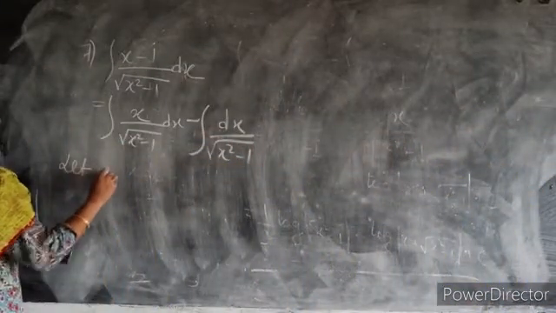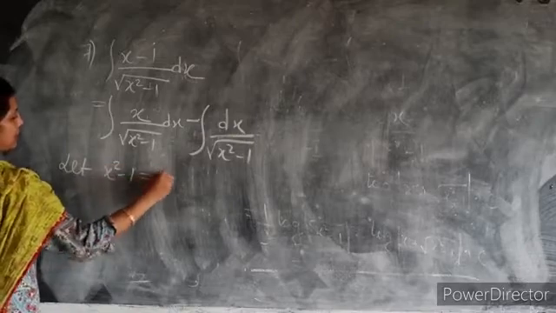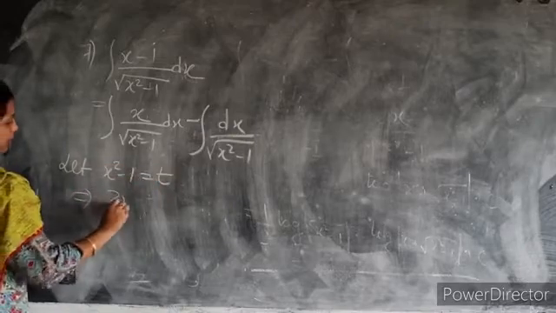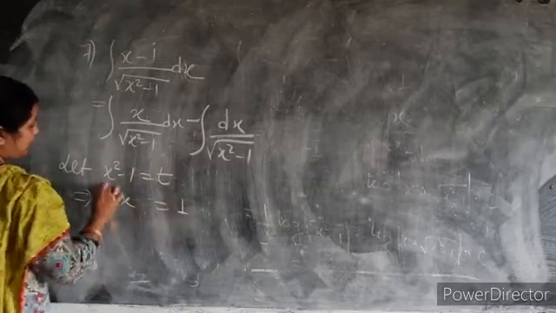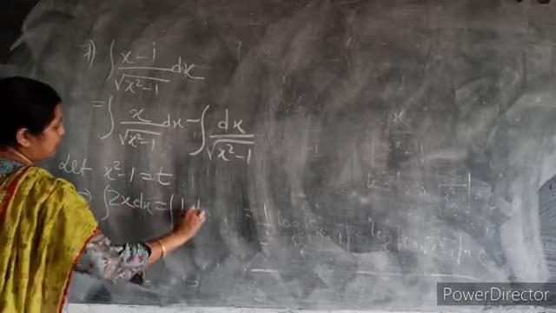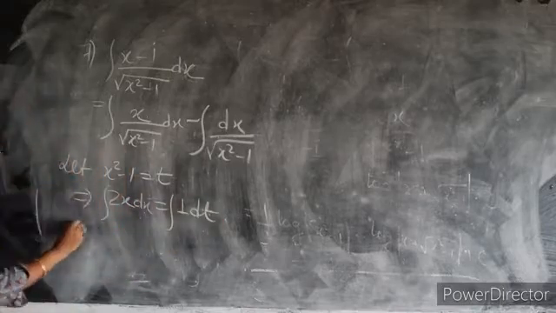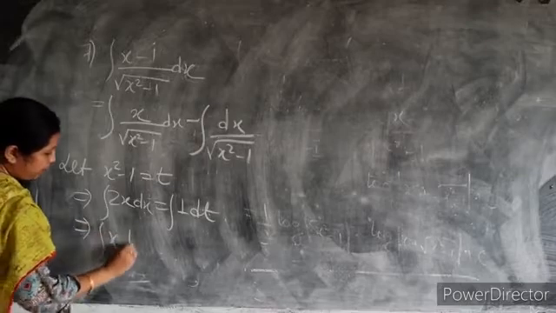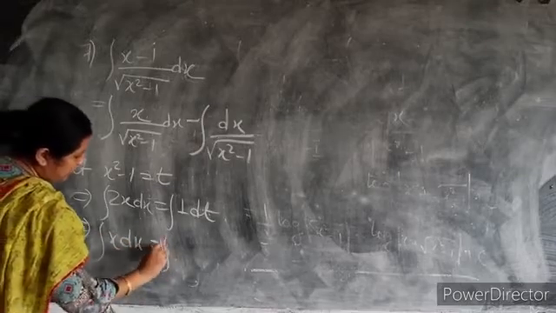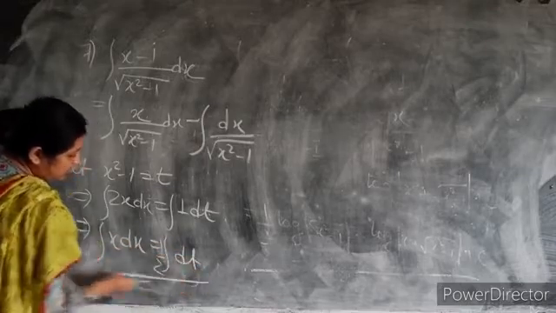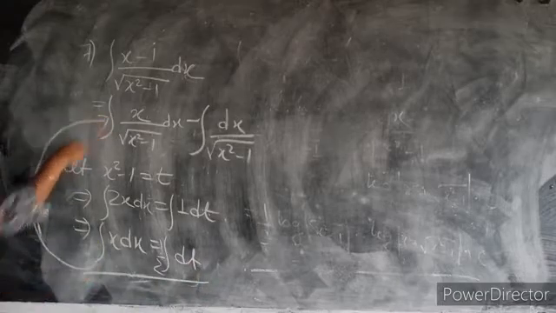Okay, so here let x square minus 1 be t. When I differentiate, it will be 2x dx, here will be 1. So x dx will be half of dt. I have to substitute this part over here.